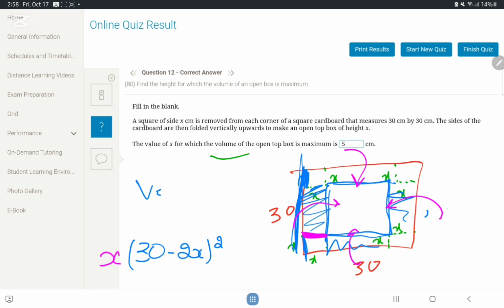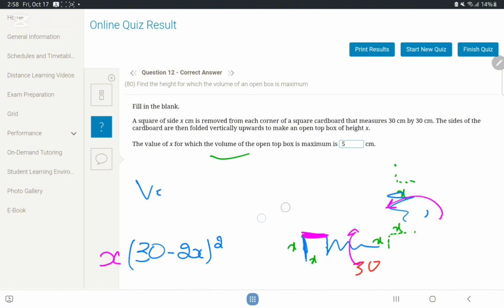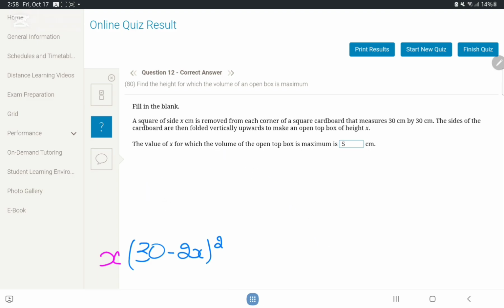Now basically this is an optimization question, so you need to find the conditions. To find the condition, you take what's in the brackets, 30 minus 2x, and make it equal to 0. Ignore the square and the x.